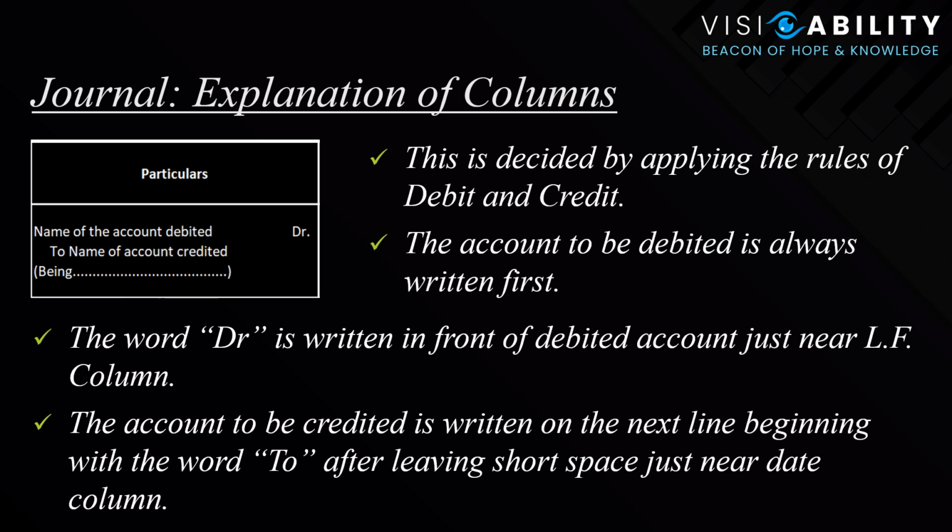Here at the edge of the particulars column, we will not write any word because we have written To. The minute we say To, that means it is the credit side, whatever account is going to be credited.